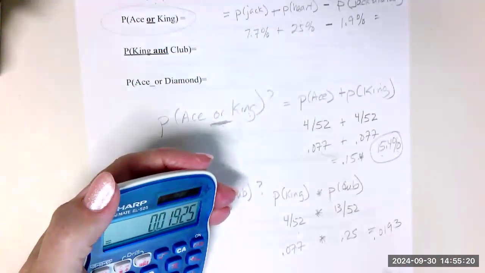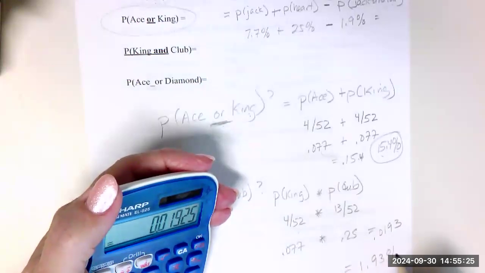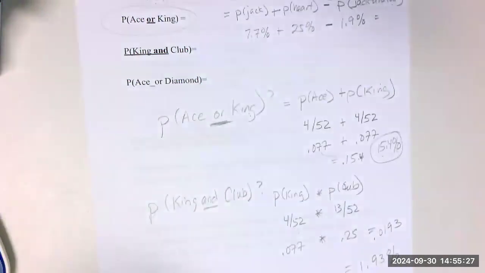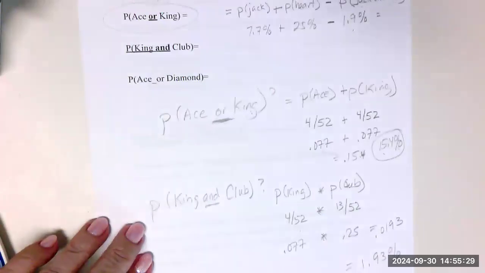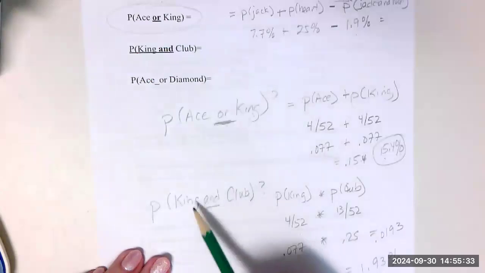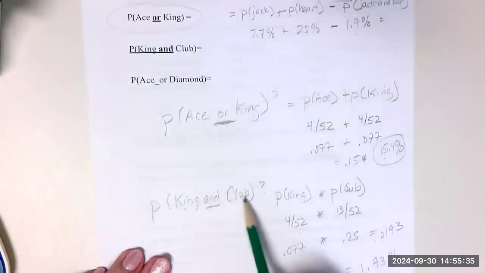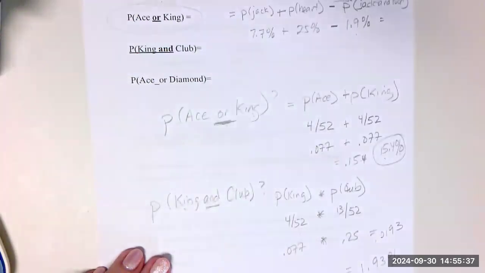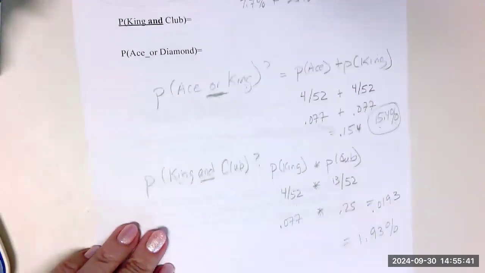I'll round it up, so it's going to be 1.93%. So about a 2% chance of getting a king and a club, really the king of clubs. Hopefully this is making sense.